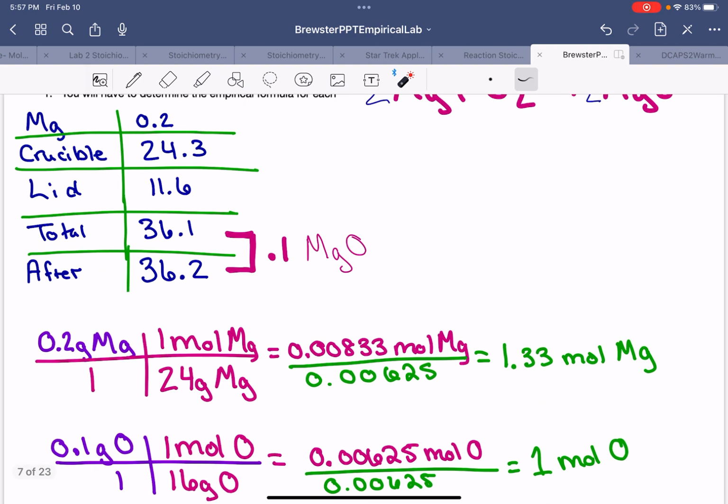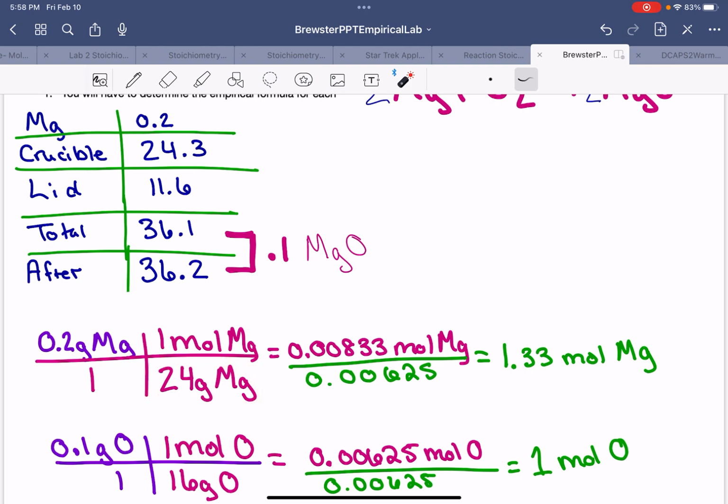Once you have that, we start with our calculation by using our 0.2 of the magnesium. This is the only number that you should really have to change. This set of numbers will stay the same because I go to my periodic table, find out that magnesium is 24 grams, and I put it on the bottom so I can cancel a unit.